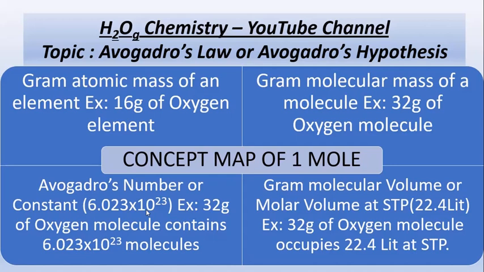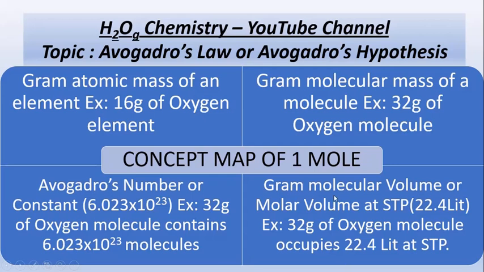For example, if I have 32 grams of oxygen molecule, it contains 6.023 x 10^23 molecules of oxygen. Similarly, 2 grams of hydrogen molecule contains 6.023 x 10^23 molecules of hydrogen. So specification of a particle is important, whether it is an atom or molecule. So, if I have 16 gram of oxygen, it contains 6.023 x 10^23 atoms of oxygen, that's what we have to understand.